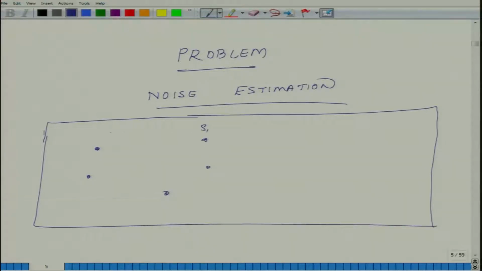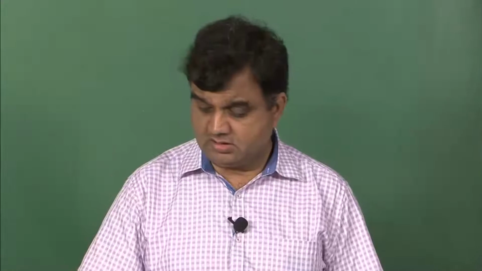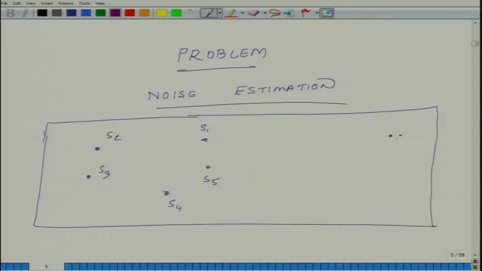So, this is source 1, source 2, source 3, source 4, source 5, all these machines. Each of these machines is producing noise, and I have a person here, and we want to know what is the pressure level at this location.